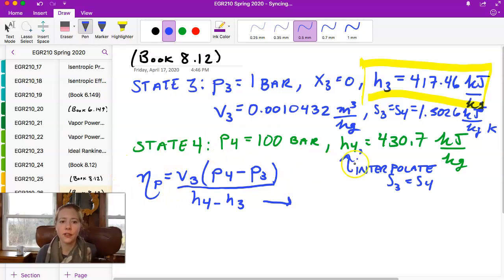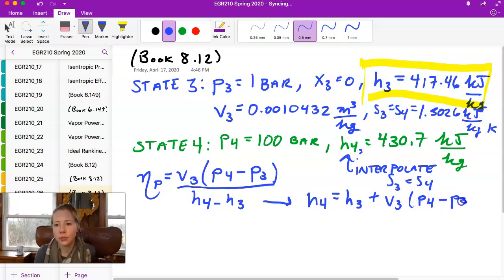Another way we can solve for H4 would be using the isentropic efficiency of the pump, which is H4 is equal to H3 plus V3 times P4 minus P3, because for the pump it's going to be isentropic work in over the actual work in.